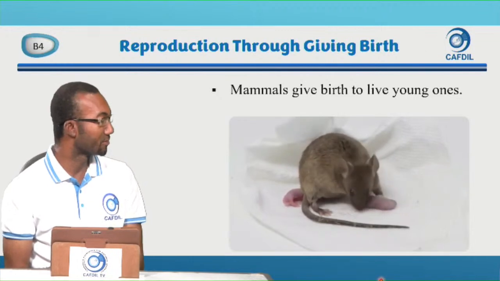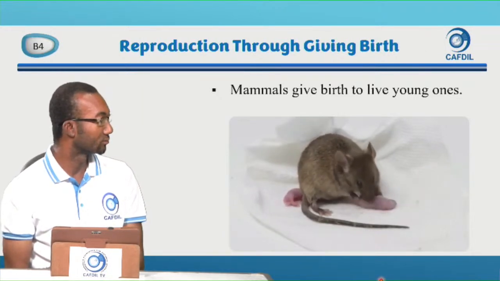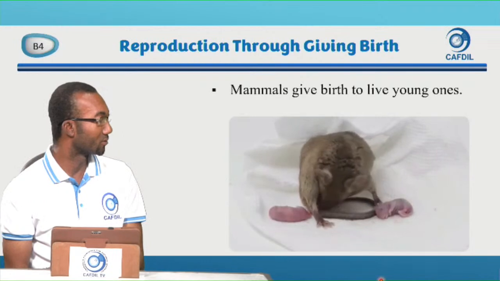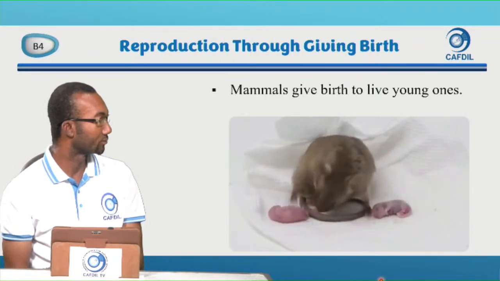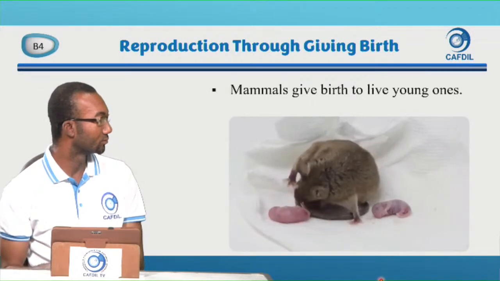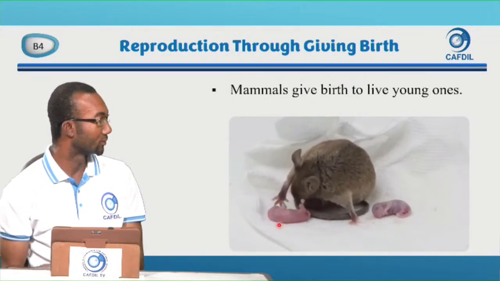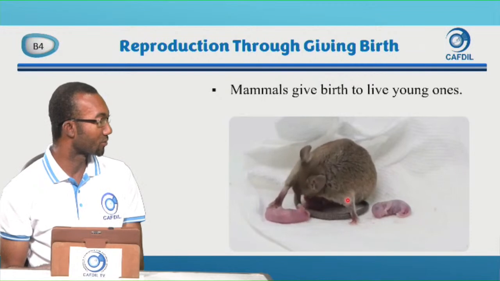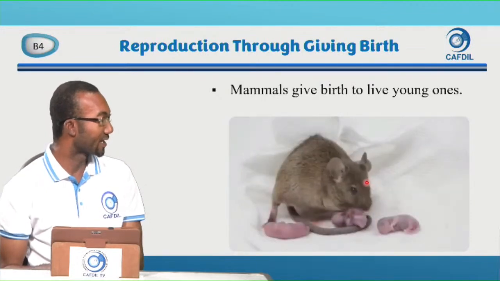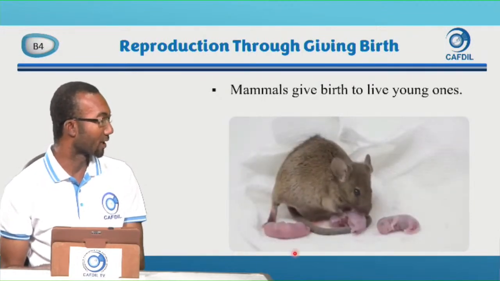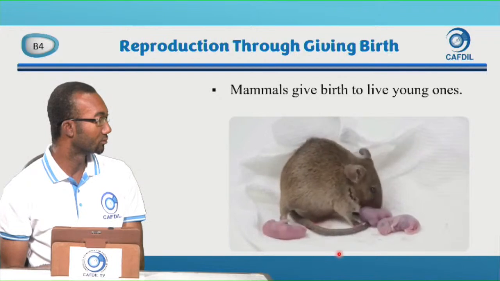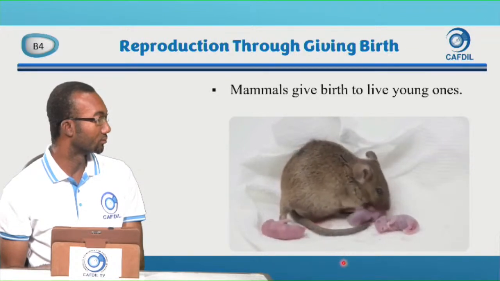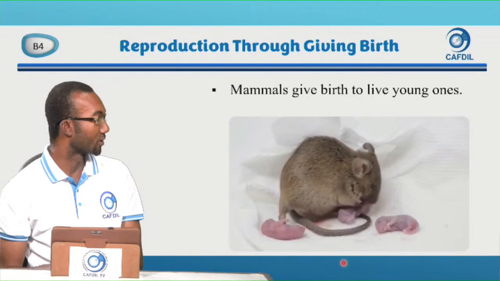So the mouse is giving birth, and they can give birth to plenty young ones. So this is what we call giving birth. They came from the womb of the mother.